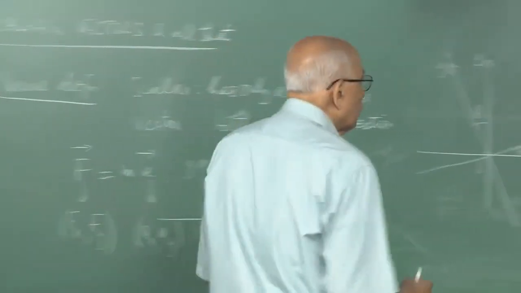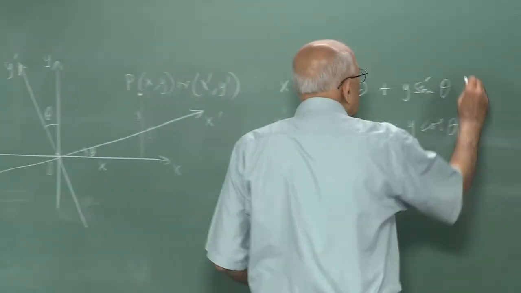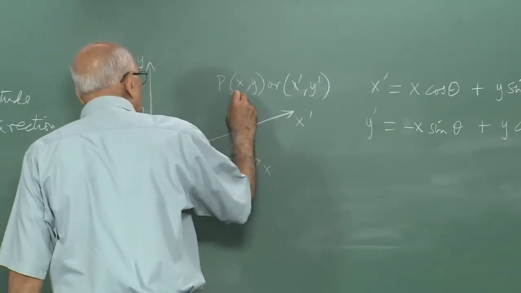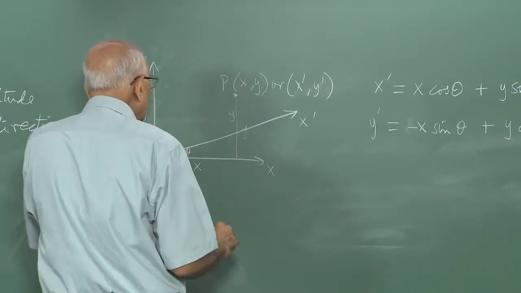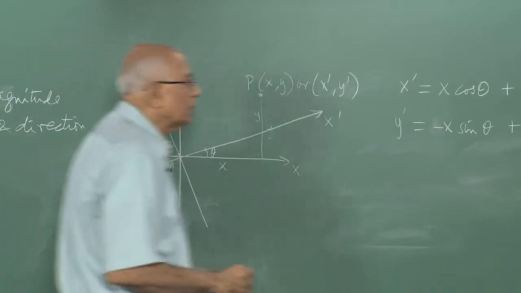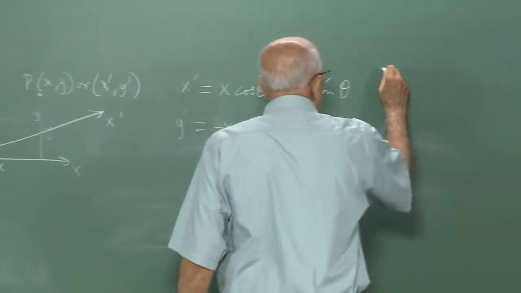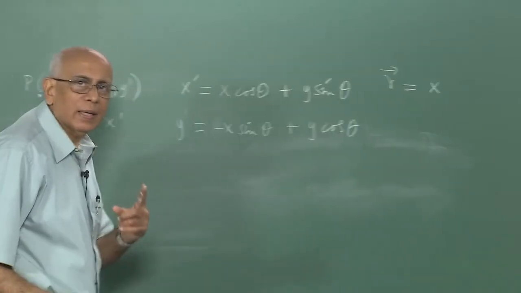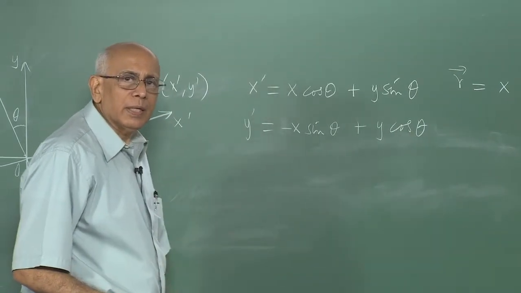And together, of course, I call the point r, the position vector of this point, written as r in the original frame and r prime in the new frame. So r is equal to x times a unit vector in the i direction plus y times a unit vector in the j direction.